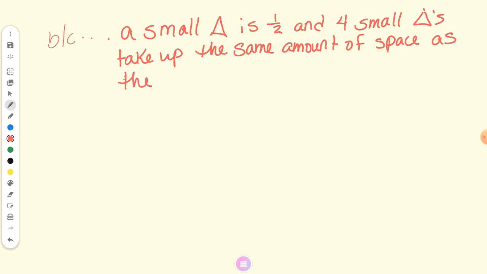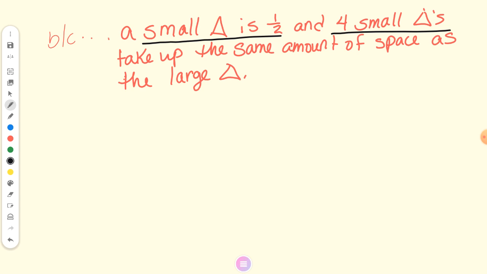Or sorry, the large triangle. Okay? Now, I'm going to underline pieces of that could be different. I'm not going to keep rewriting all the words, but I'm going to underline that. What could I change those words to?